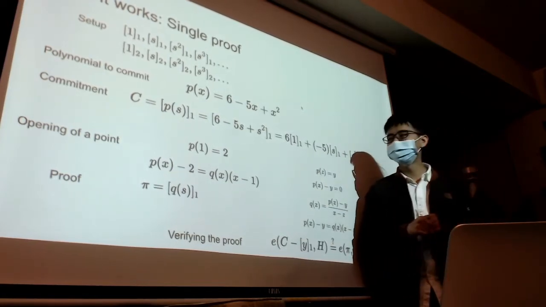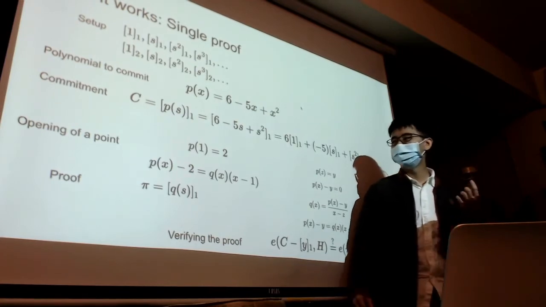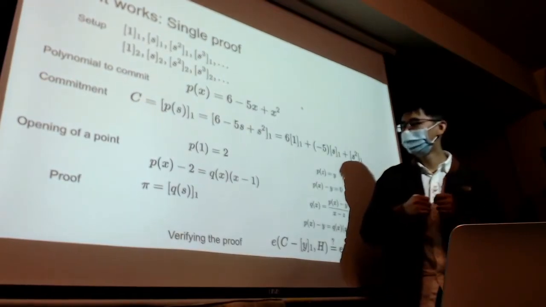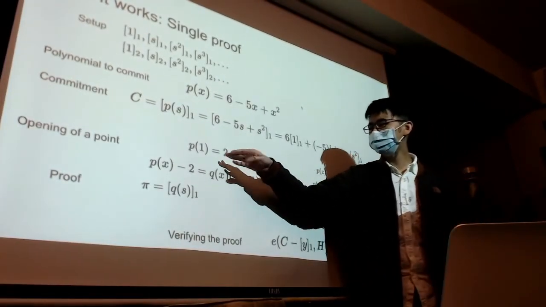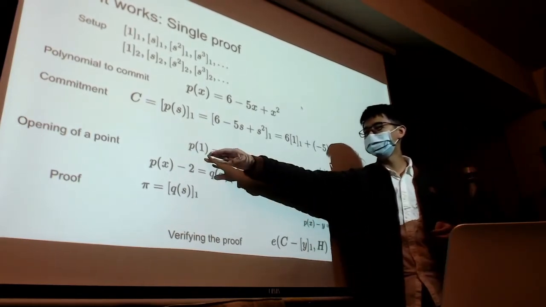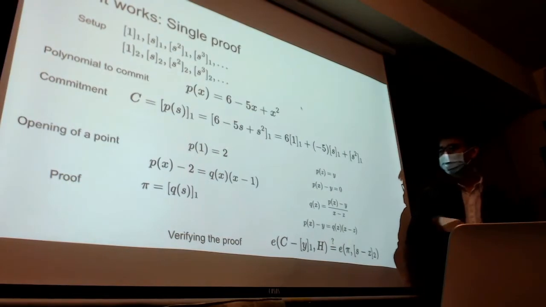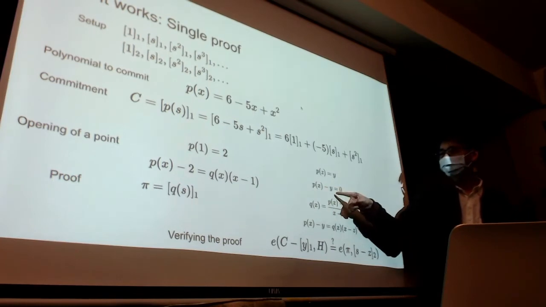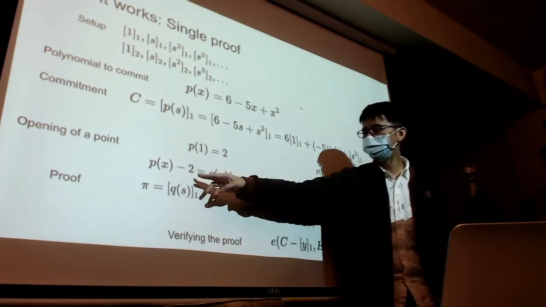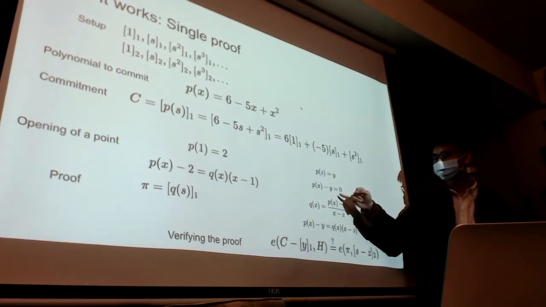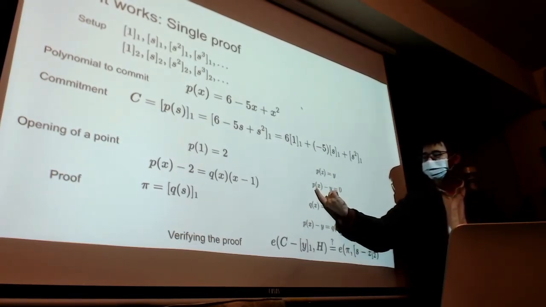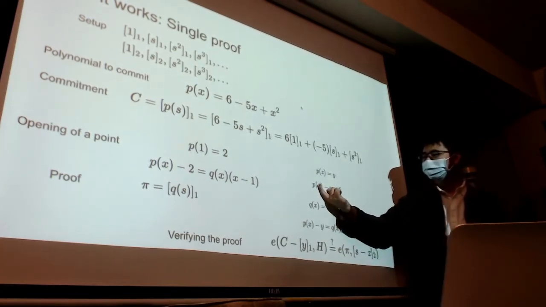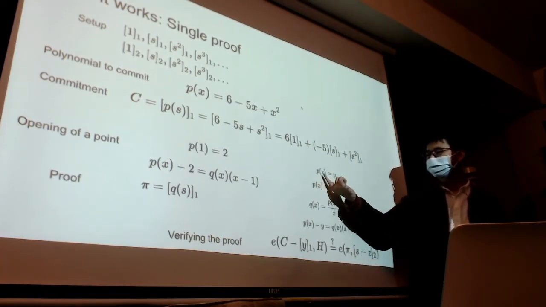But you want to prove that my polynomial equals 2 when evaluated at 1. This means the polynomial minus 2 is equal to 0.